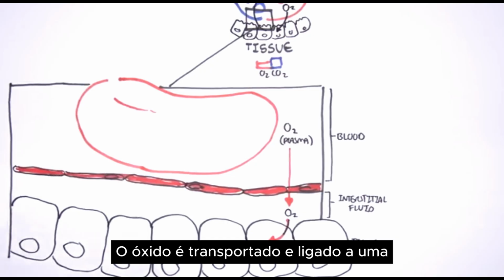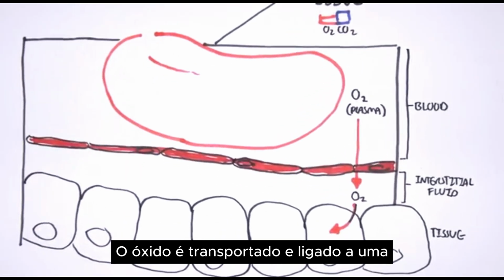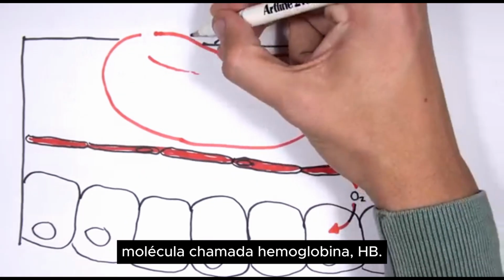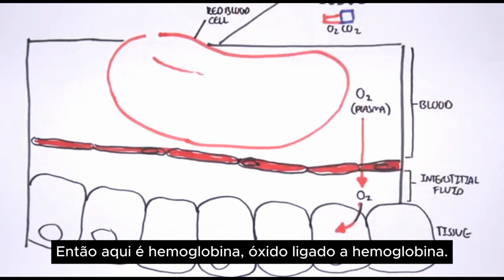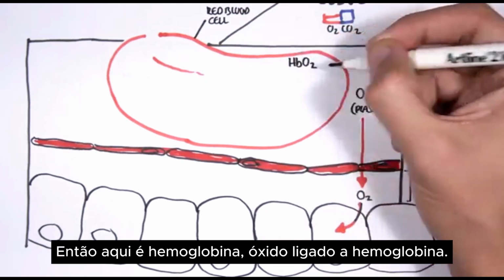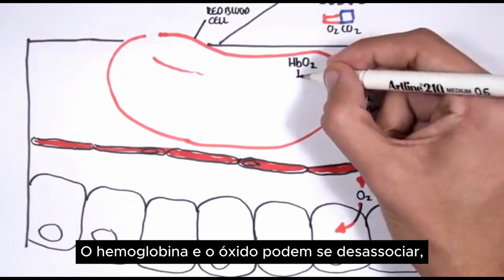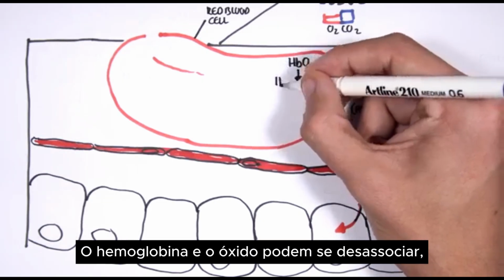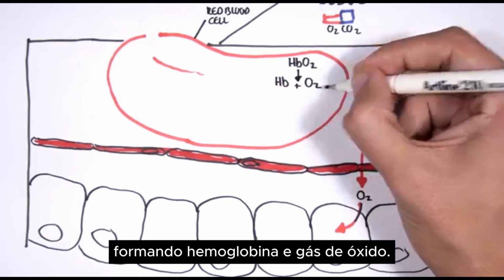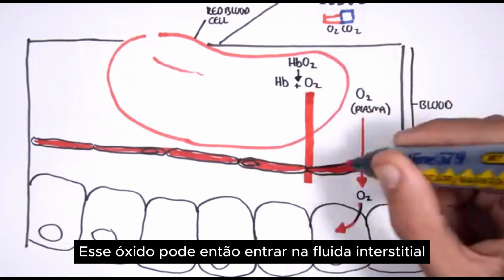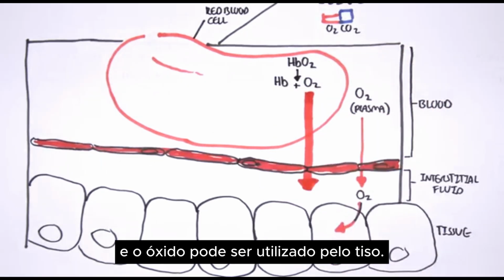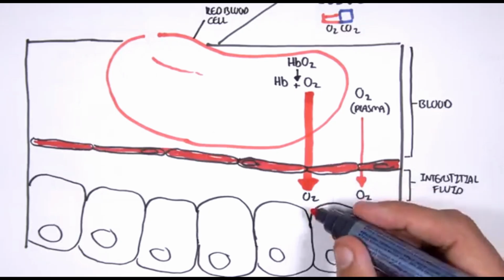Oxygen is transported bound to a molecule known as hemoglobin, Hb. So here is hemoglobin, oxygen bound to hemoglobin. The hemoglobin and oxygen can dissociate, forming hemoglobin and oxygen gas. This oxygen can then enter the interstitial fluid, and then oxygen can be used by the tissue.